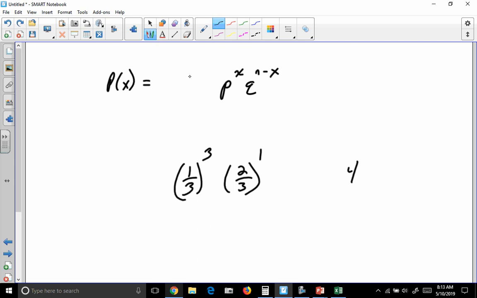And then the piece that went out front is this n choose x. This is a combination. This is just counting how many different combinations there are of having x successes.